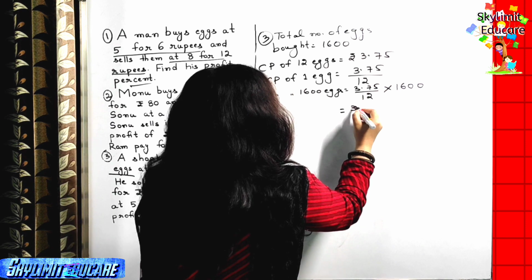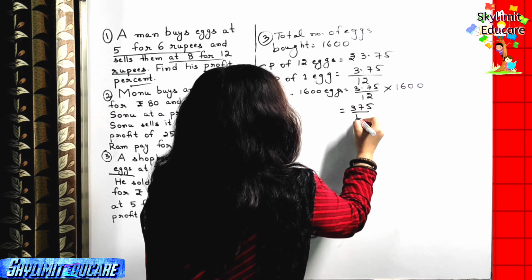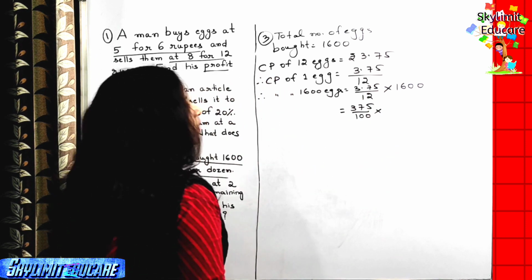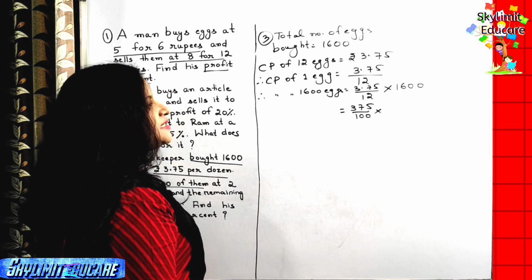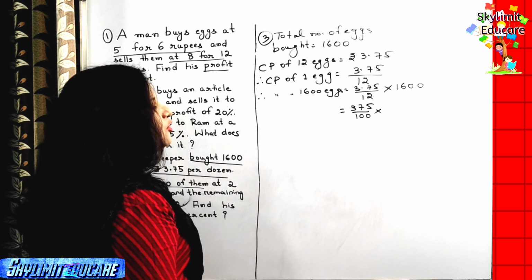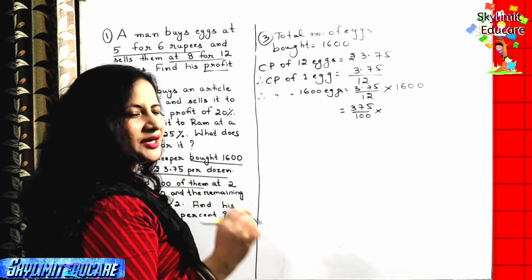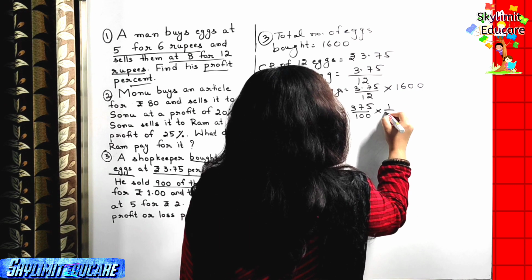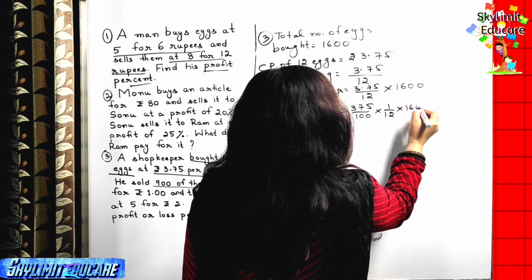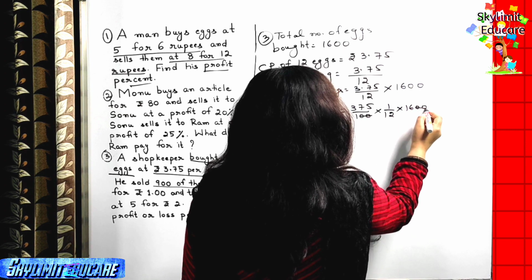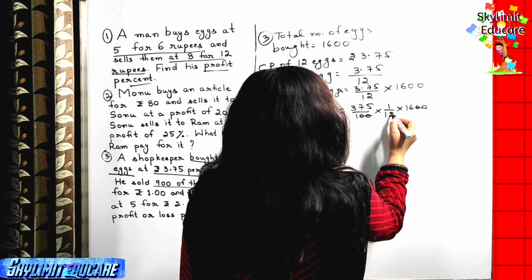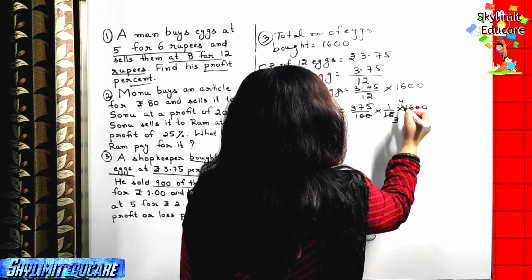It's a decimal. So 3.75 can be written as 375 by 100, multiplied to 12 in the denominator. That means it is 12 by 1. So divided by 12 by 1, it becomes multiplied to 1 by 12, the multiplicative inverse, multiplied to 1600. So the zeros cancel out. And let's see, 4 3s are 12, 4 4s are 16.